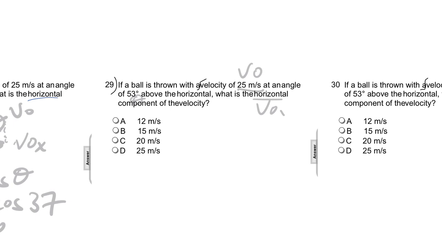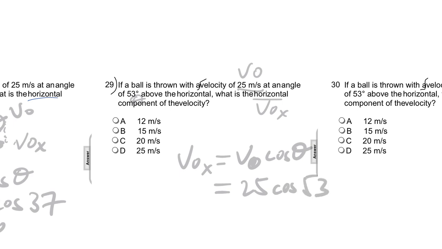I'm looking for VOX. VOX equals VO cosine of theta, adjacent side, like we just did. So 25 cosine of 53. I get 15.